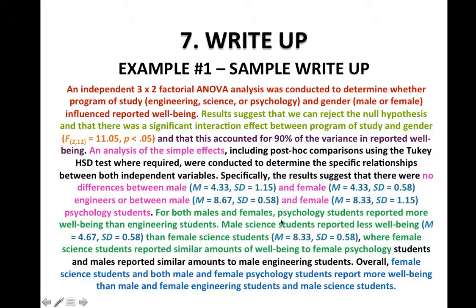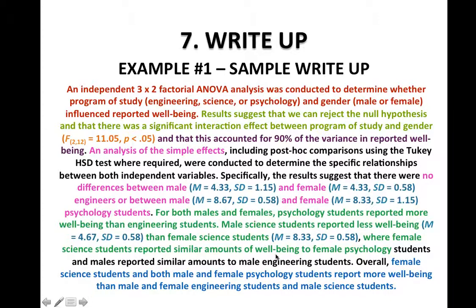Then for both males and females, psychology students reported more well-being than engineering students. Male science students reported less well-being than female science students, where female science students reported similar amounts of well-being to female psychology students, and male science students reported similar amounts to male engineering students.